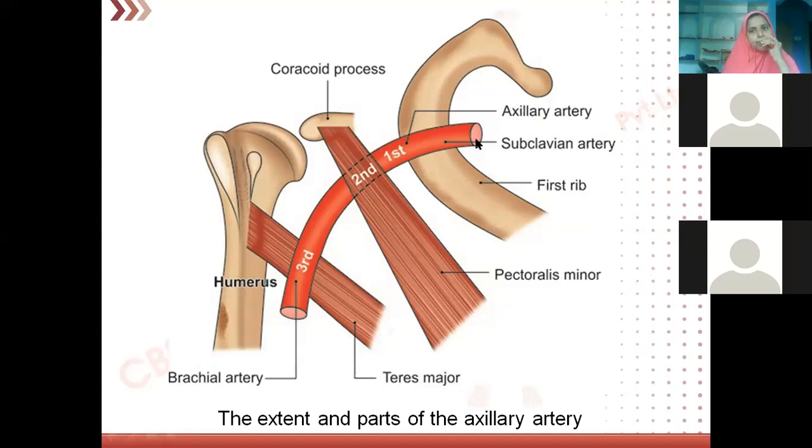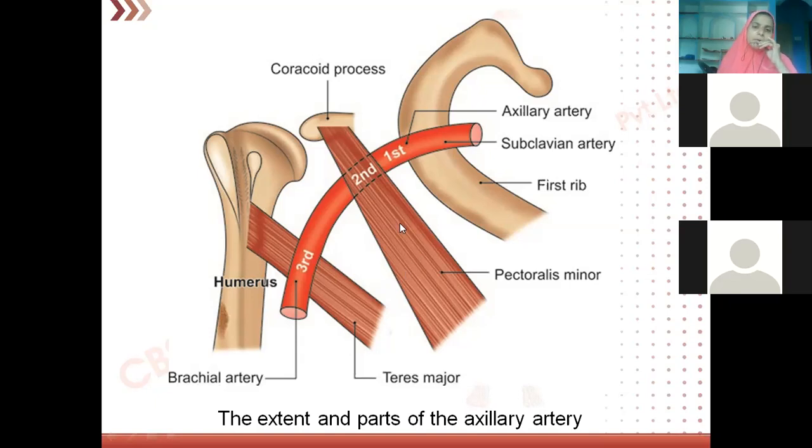Now, this subclavian artery is continuing as the axillary artery. The axillary artery's course is divided into three parts by means of this muscle, whose origin we saw yesterday. Origin, insertion, everything we have discussed in pectoral region.